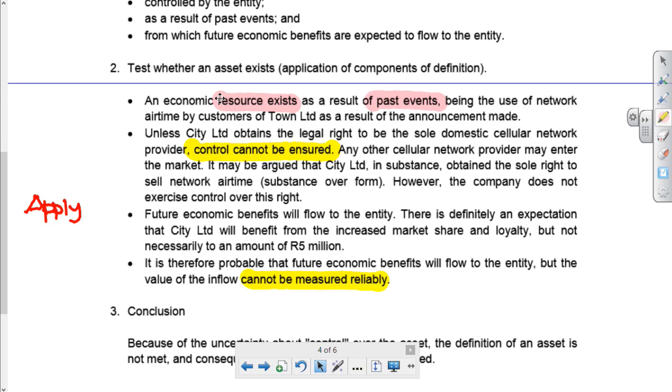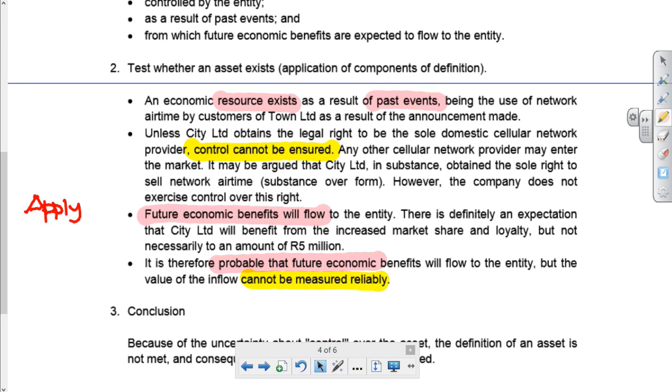They say that future economic benefits will flow. They say that it is probable that there will be future economic benefits. So you can see, of the 4 criteria for definition and 2 for recognition, the 6, there are 4 that meet and 2 that don't meet, isn't it? But all we needed is 1 that didn't meet, and then we don't meet.